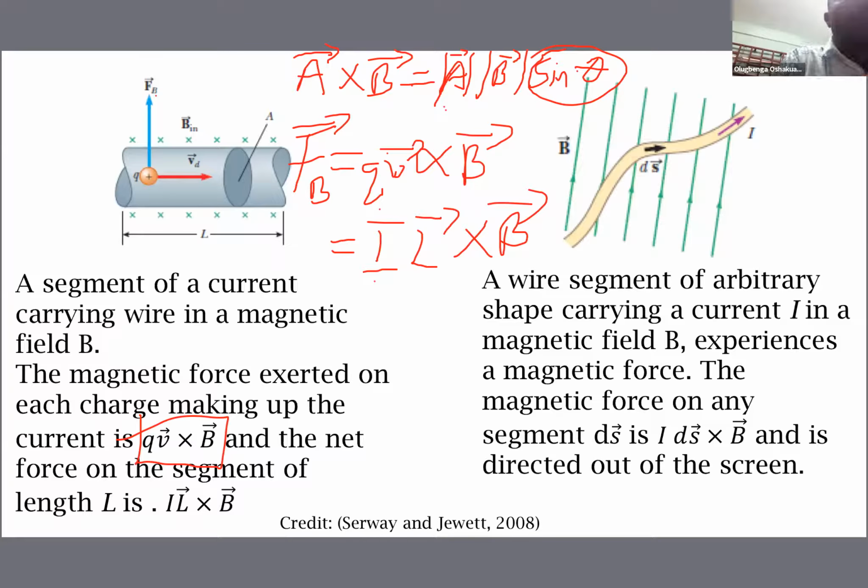That is, if the current I is flowing in this direction, and B is applied in this direction, F_B will be equal to 0.